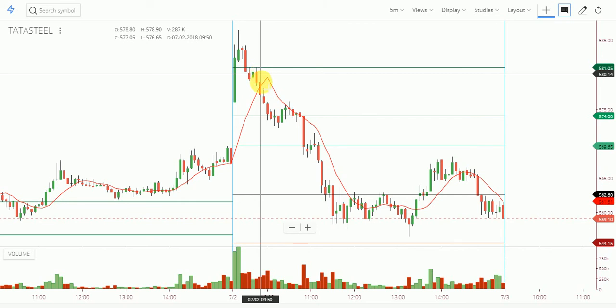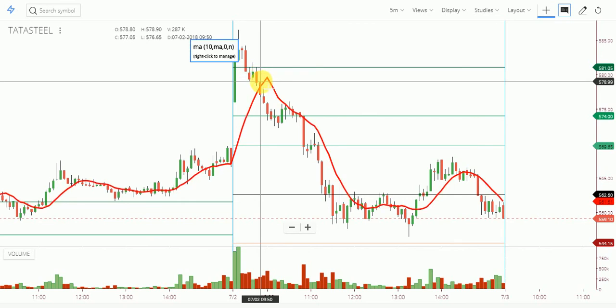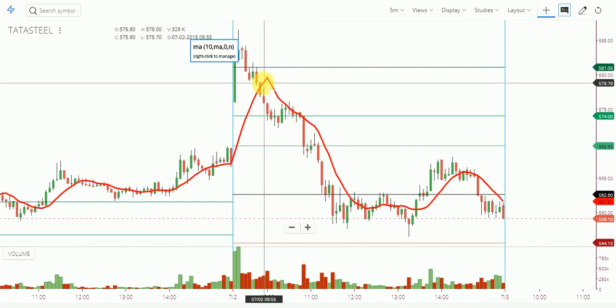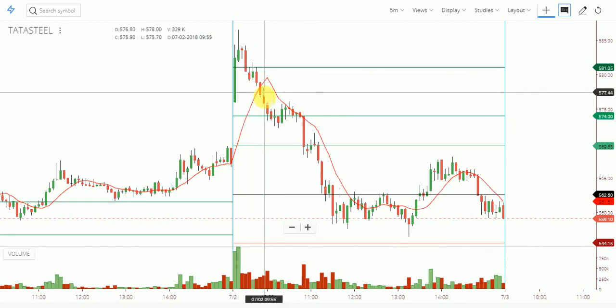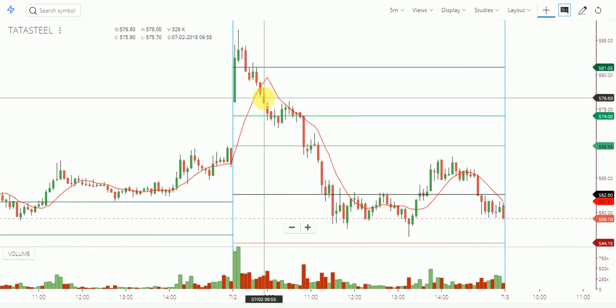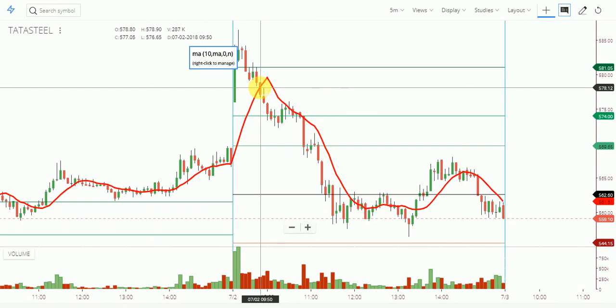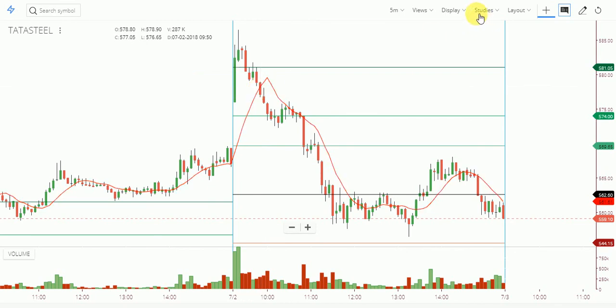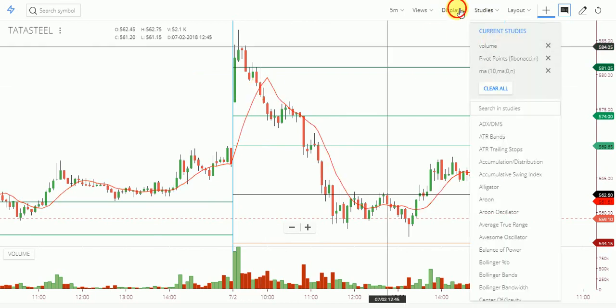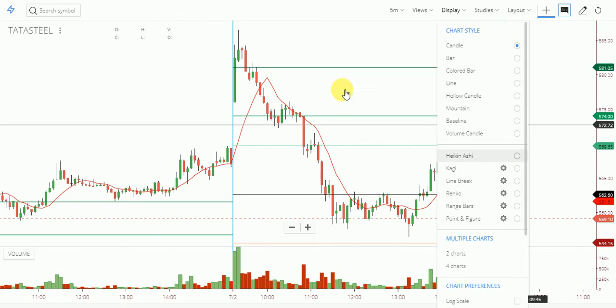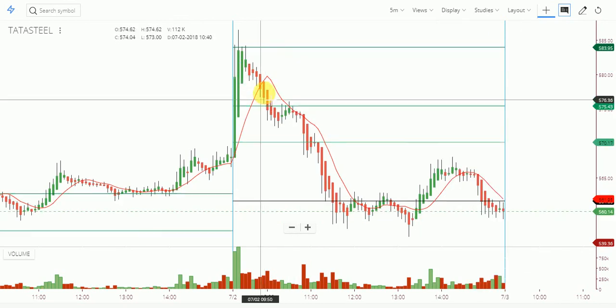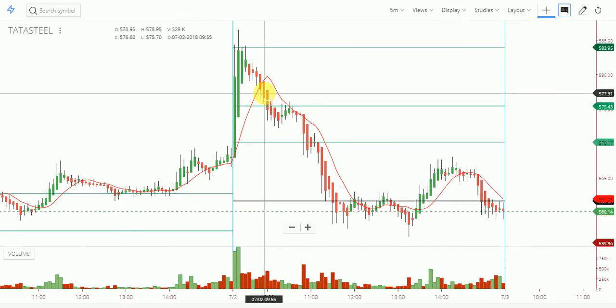I entered from here, and what I was waiting for was a proper way of entering. Why? Because the moving average as well as the candle turned red, and the Heikin-Ashi also went red, which matched my strategy, right?